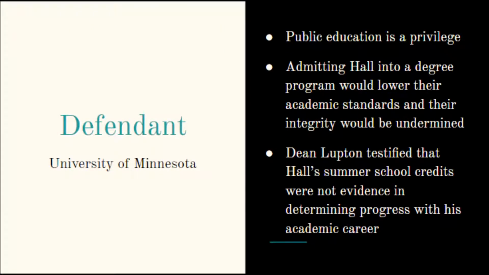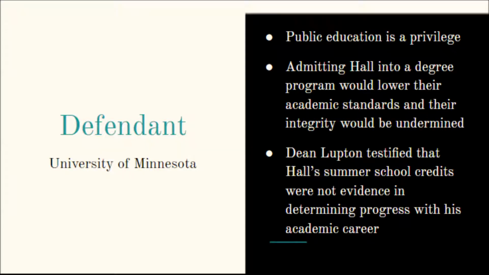The defendant, the University of Minnesota, argued that a public education is a privilege, not a right, and that if they admitted Hall into the degree program, it would lower their academic standards and undermine the integrity of the university. They felt that Hall's summer school credits should not be included in the evidence of his progress towards his academic career.